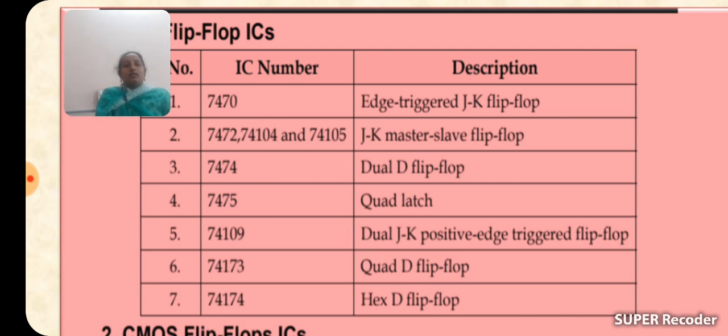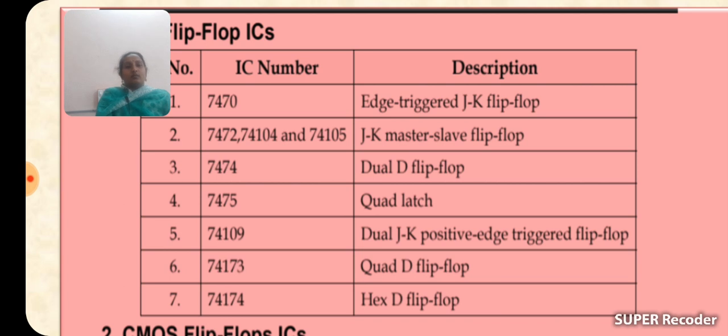Here all ICs are from the 74 series only. 7470 produces JK flip-flop, 7472 produces master slave JK flip-flop, 7474 produces D flip-flop, 7475 produces quad latch.